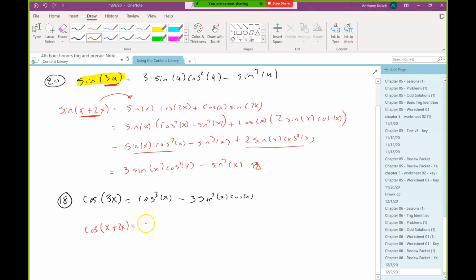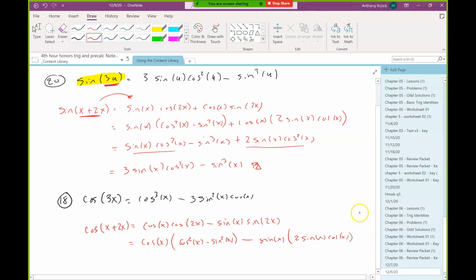So if I do this, this is going to be cosine x times cosine 2x minus sine x times sine 2x. And then I'm going to use one of my double angle formulas for cosine. I'm not positive which one of the three I'm going to use, but considering that this one worked really well for the previous problem, I think it's probably a safe bet to try that option for this problem.